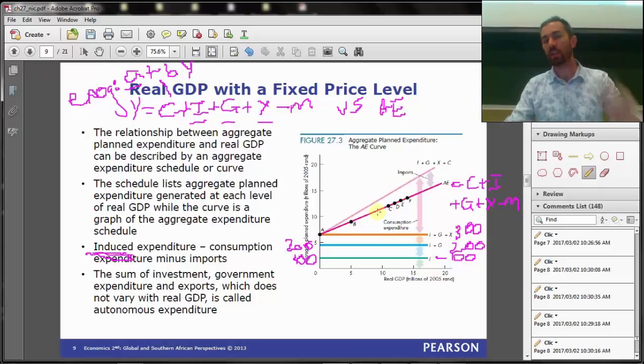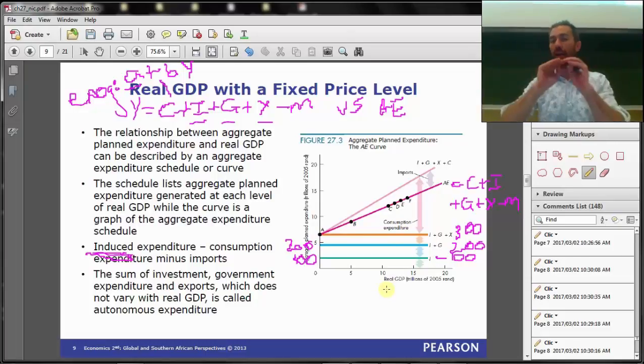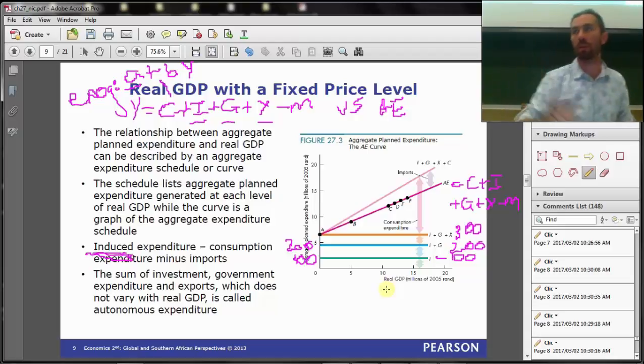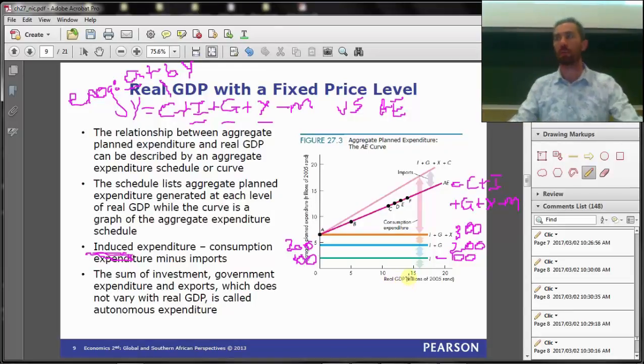Where that intersection occurs, are you happy that the level of GDP will in fact be equal to the level of aggregate planned expenditure, right? So there is one point where they will be equal. But at every point along the aggregate expenditure curve, aggregate expenditure is not equal to GDP. There's only one point where it crosses that 45-degree line.